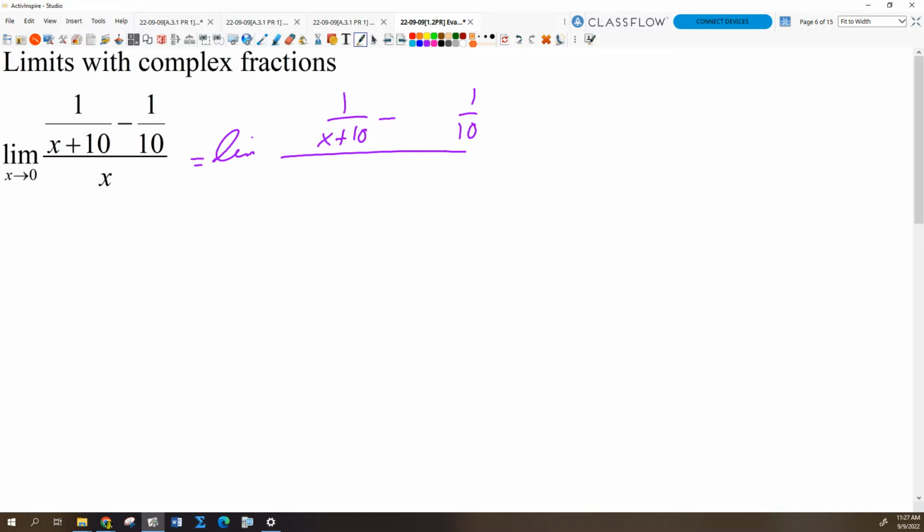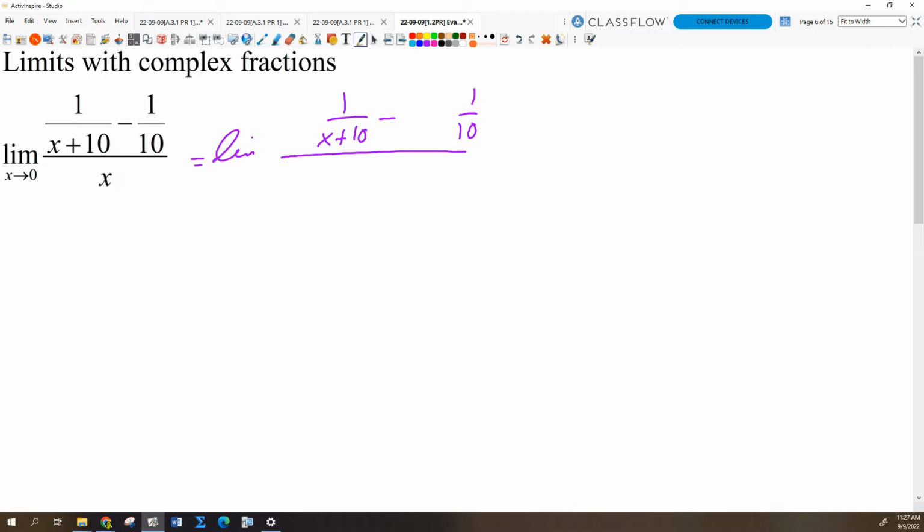To get a common denominator, what do I have to multiply that first fraction by? What's my common denominator going to be in the top? x plus 10 times 10, right? You see why?